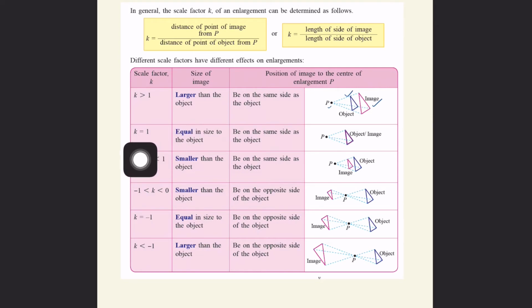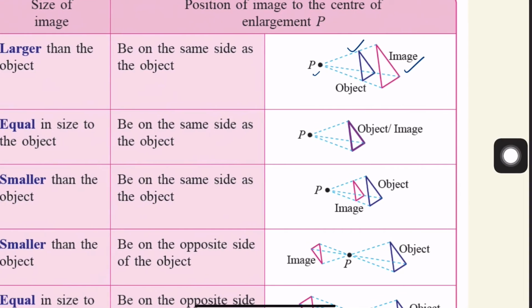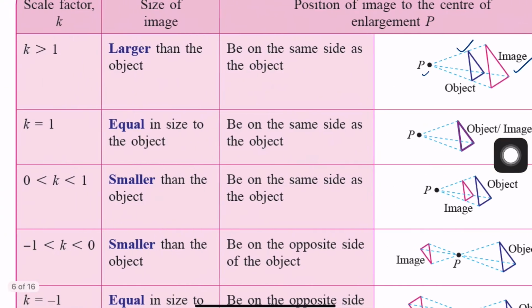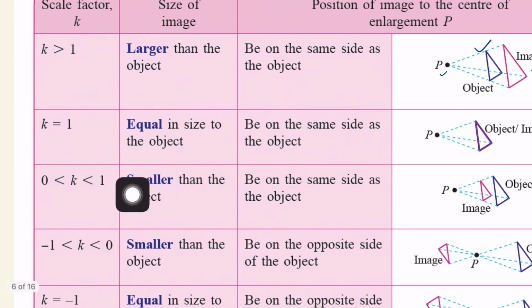Next, let's look at K equals 1. When K is equal to 1, the image is equal to the size of the object itself. That's why you can see the overlap over here, because the image is equal to the object in size. Next, if you have a value of K between 0 and 1, the image is smaller than the object, but it is on the same side.